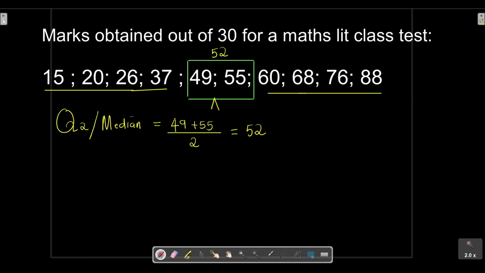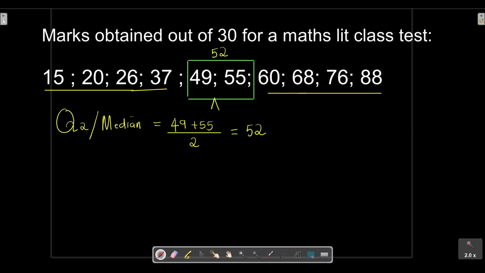So now, how would we get our Q1 and how would we get our Q3? We've now added another value to this data set, which is our median value. To help us determine our Q1 and our Q3, we need to now include this 52 that we've calculated in the data.